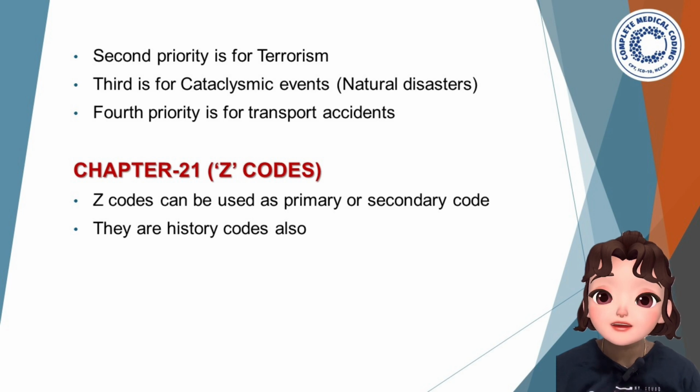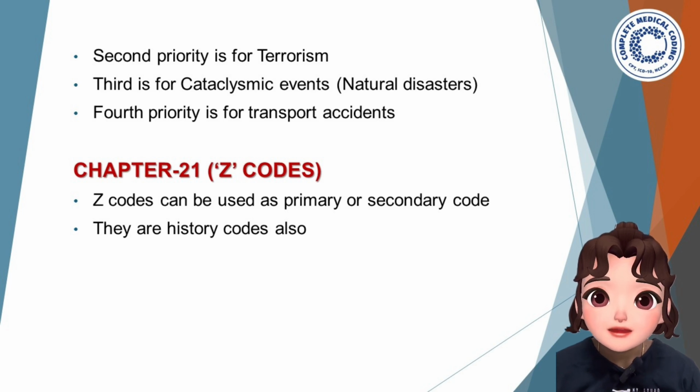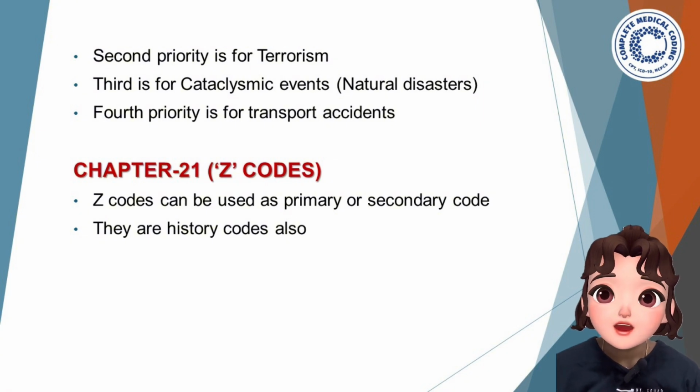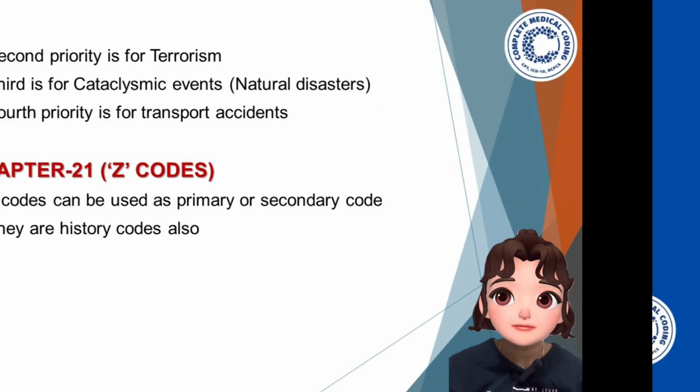We are using Z codes usually for pregnancy along with pregnancy O codes, right? So they are considered as history codes also. So this can be used as either primary or secondary codes. Okay, so that's all about chapter 21.